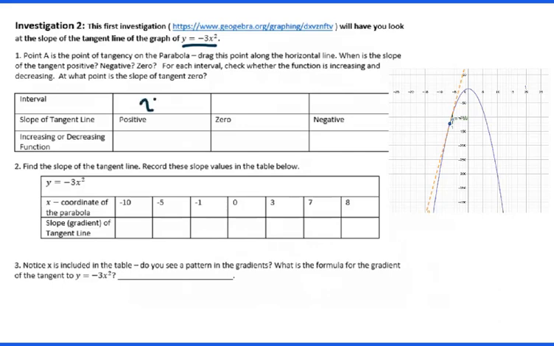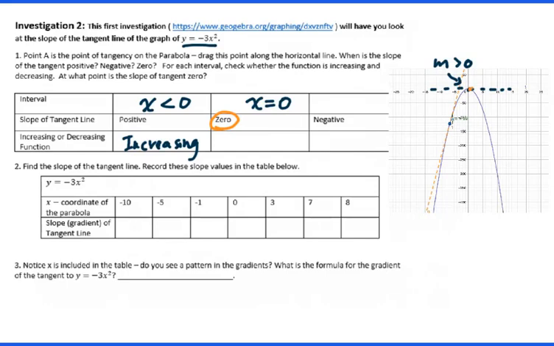When x less than 0, slope of a tangent line is positive. Like this is the one, slope greater than 0. You could say for this interval, the graph is increasing because the graph is going up from left side to the right side. Then when x equals 0 is here, then the slope of a tangent line equals 0.